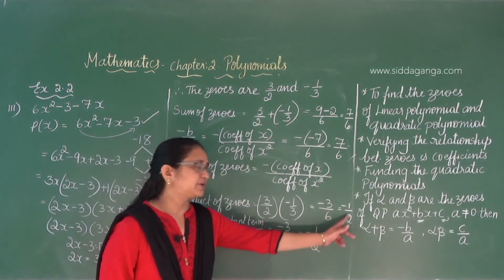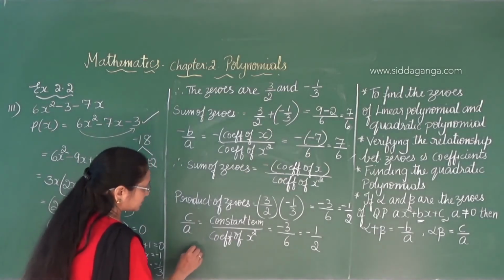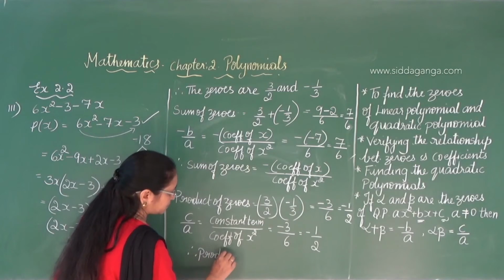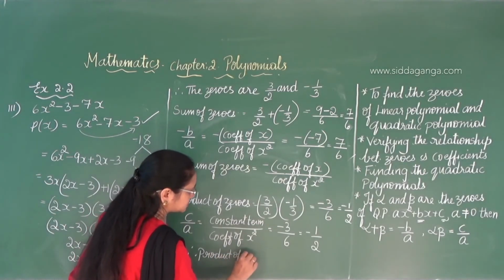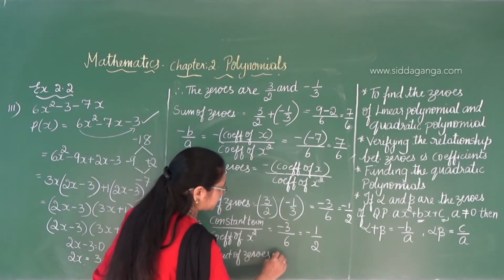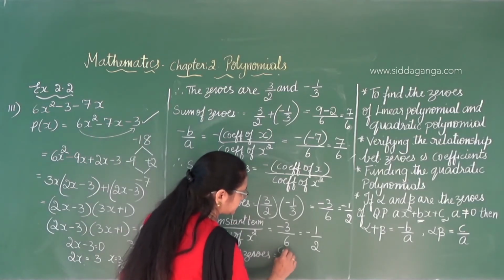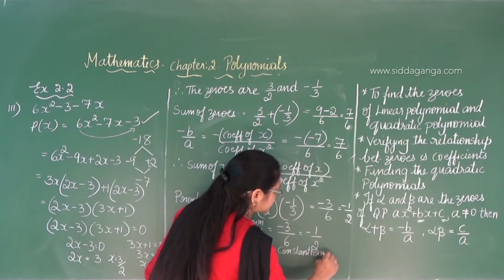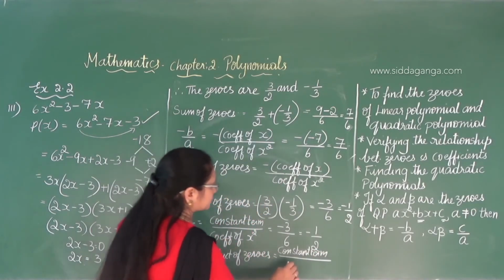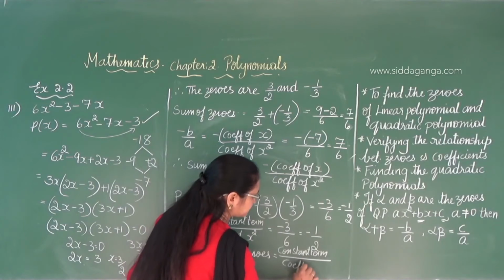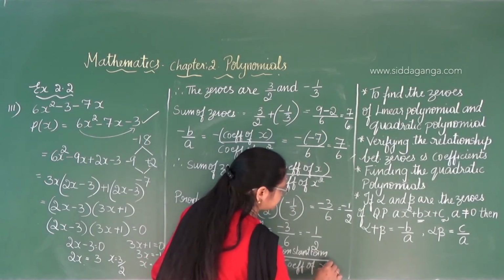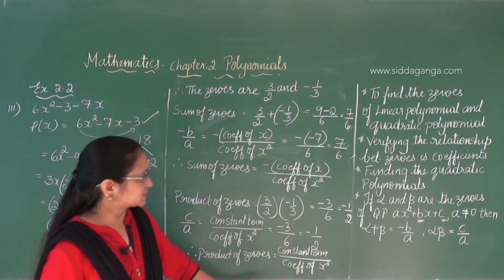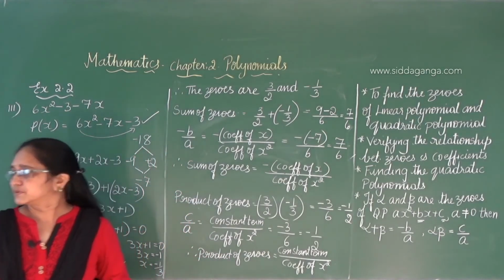So the conclusion: therefore, product of zeros is equal to constant term divided by coefficient of x square, hence verified. So like this we have to do it.